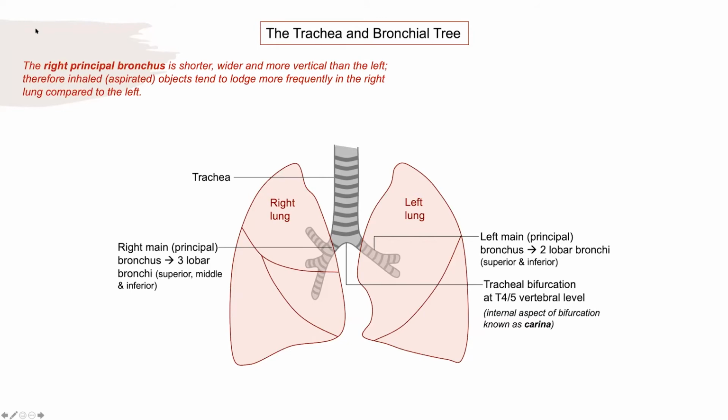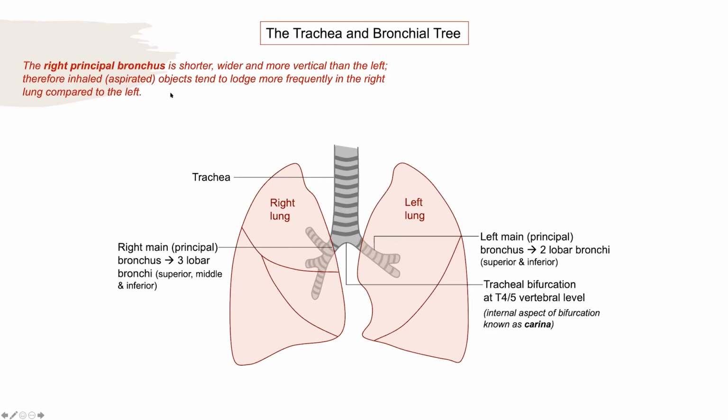So now, the right principal bronchus is shorter. Guys, don't forget these lines written in red: it is shorter, wider, and more vertical than the left.